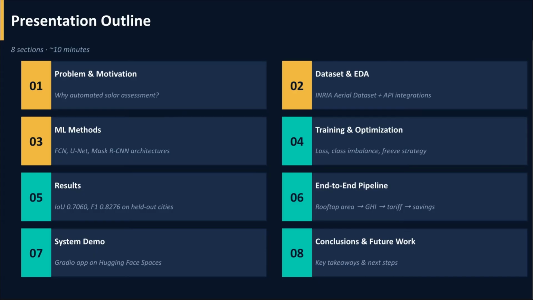We'll explain how we trained those models, essentially teaching the computer to recognize rooftops in photos, and then show you the actual numbers on how well it worked. Finally, we'll show you a live demo of the complete system, which takes a satellite image and spits out the projected dollar savings estimates. We hosted that on our website, so maybe that can be seen separately.